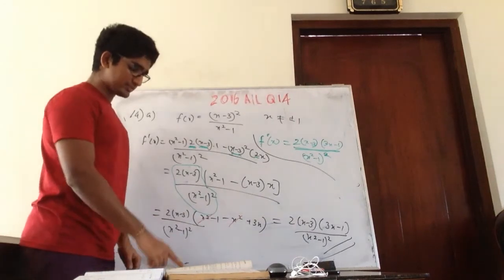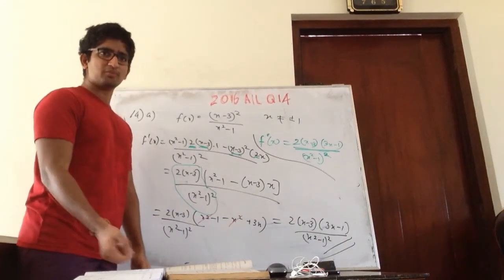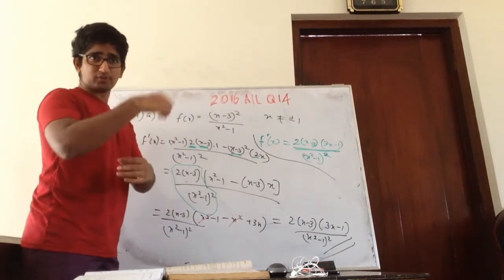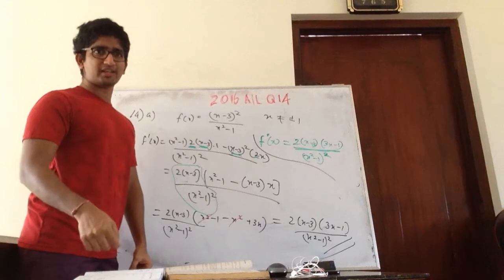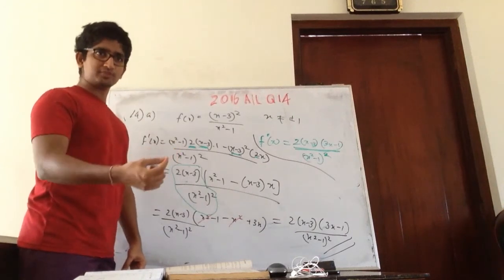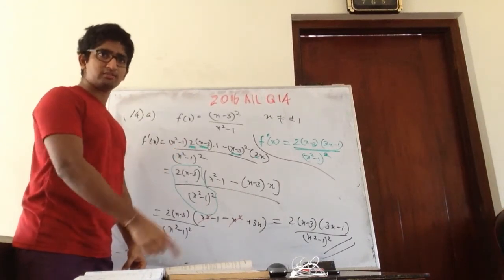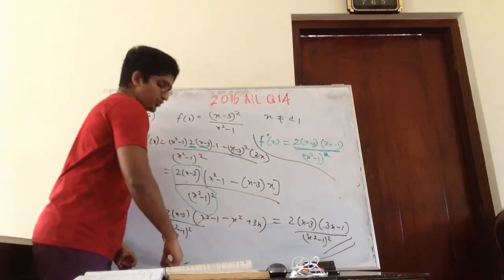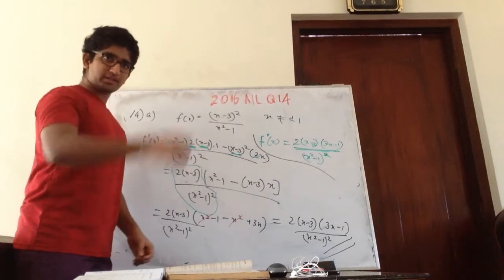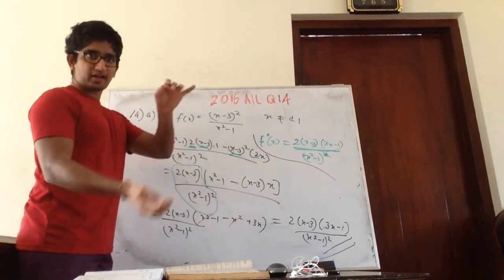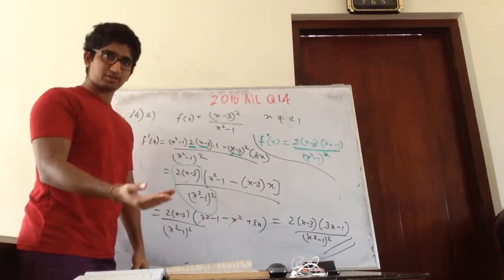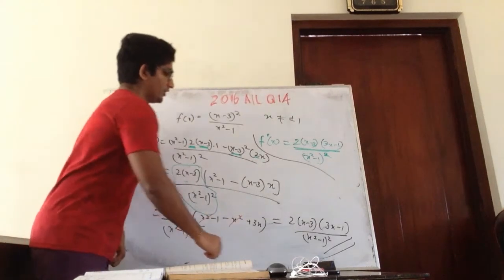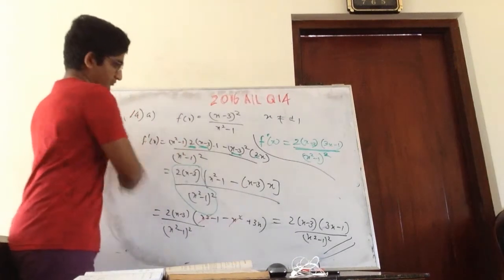As they are asking about this horizontal asymptote, let's change the sequence of getting the answer. So let's start with the limit now. Or else, you usually get the limit as the last step. There is no hard and fast rule, but that's how we did it in the past papers.